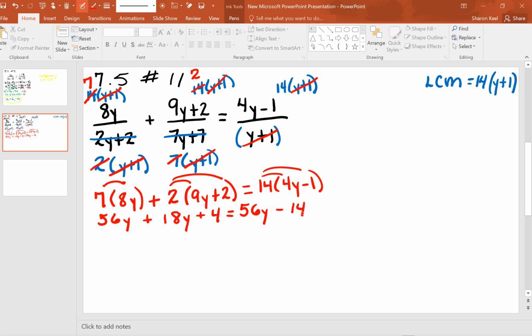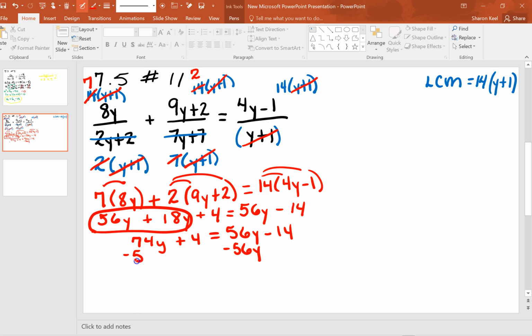So as I'm trying to solve for y, on the left-hand side, I have like terms. Those need to be combined. So I'm going to take 56 and add to it the 18. That gives me 74y plus 4 equals 56y minus 14. As we continue, I'm going to move my y to the left.